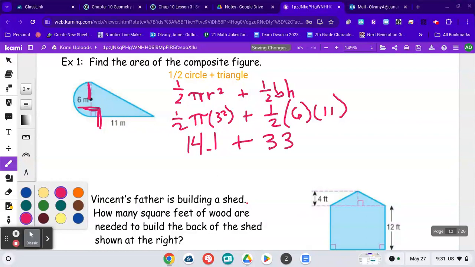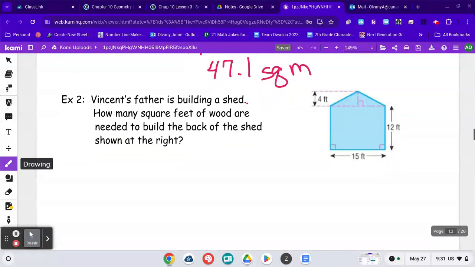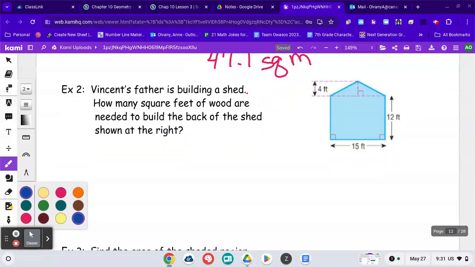And I'm going to do 14.1 plus 33 to give me 47.1. And this is area, so this is square meters. Okay, so it's not strikingly different from what we were doing. We're just kind of doing two problems in one, having two shapes.